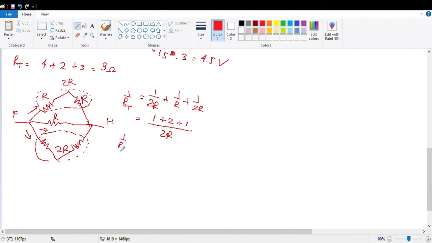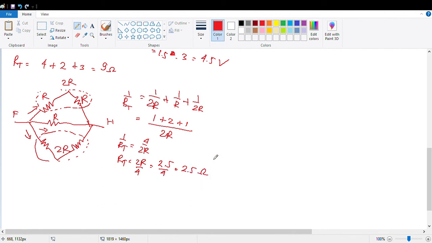So 1 per RT is equal to 4 over 2R. Okay, so RT is 2R per 4, right? Because each resistor is 5 ohms, so 2 times 5 over 4. You get 2.5 ohm.